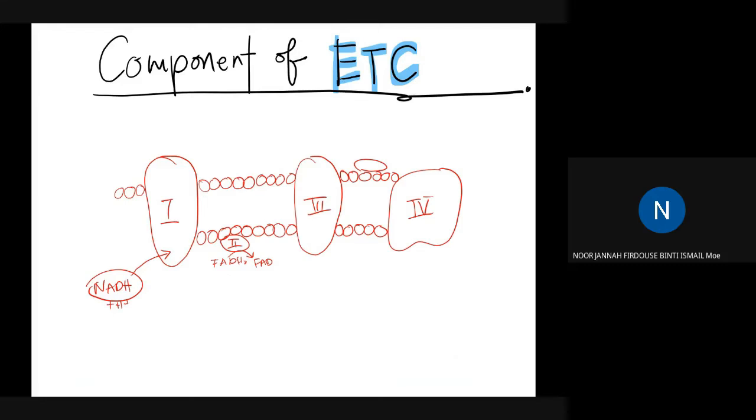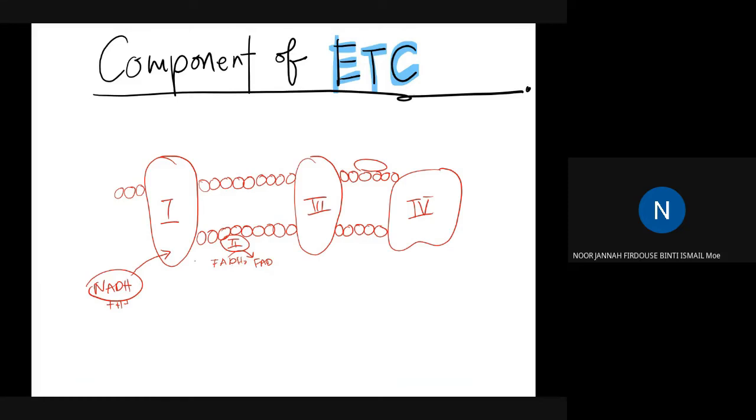Why? This is because FAD has a lower energy level compared to NAD plus. So NADH can transfer electron to the first complex, which has a higher energy level than complex number 2. And FAD, which carries lower energy, will transfer the electron to the second complex.